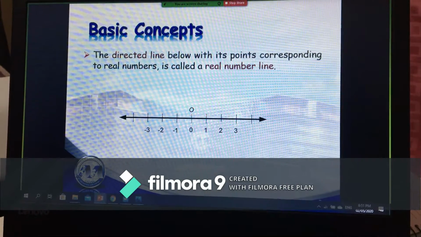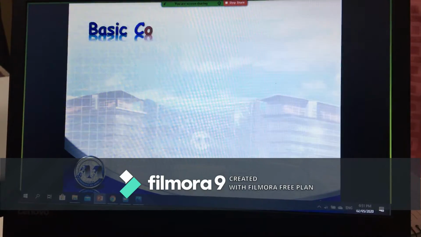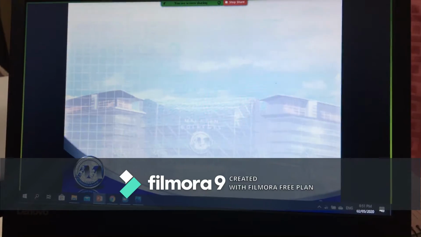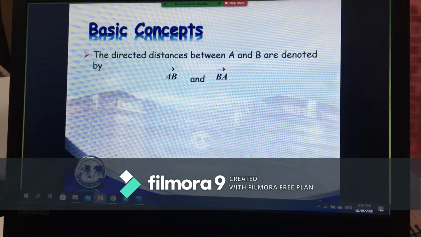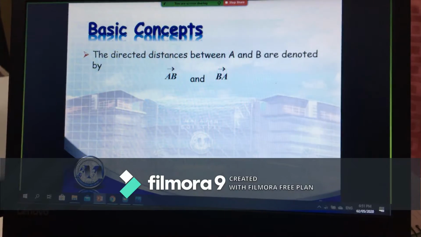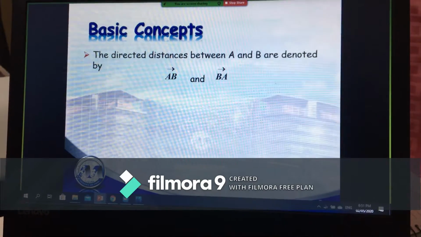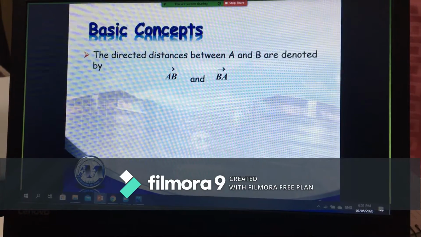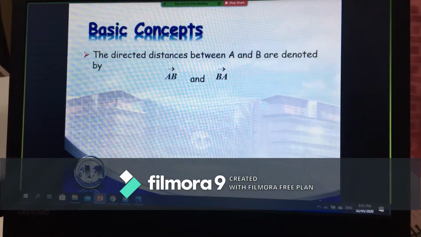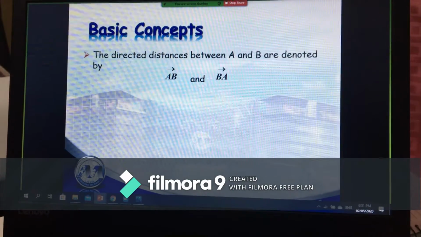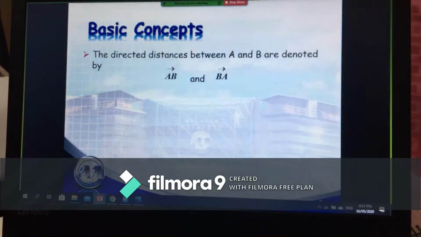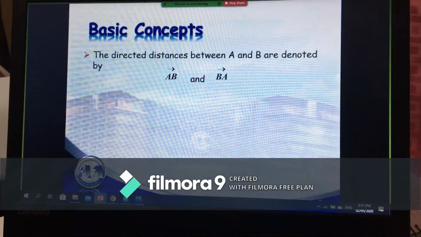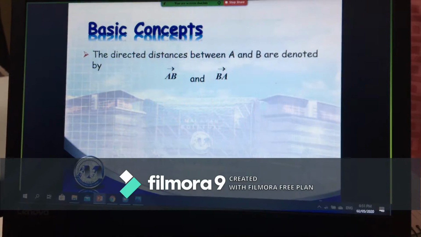Now if you refer to this number line, and if we consider points A and B on that line, then from A to B going to the right, assuming that A is on the origin, or somewhere at the right of the origin, that is positive, or even if in the left, but if it's going to the right, that is considered as positive.